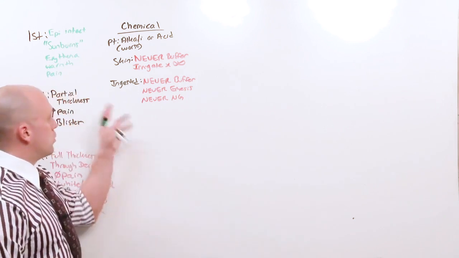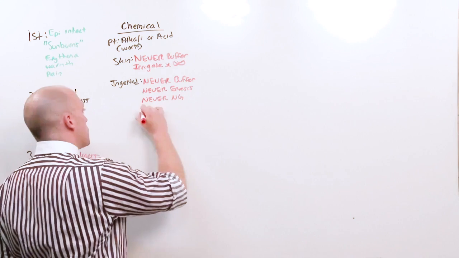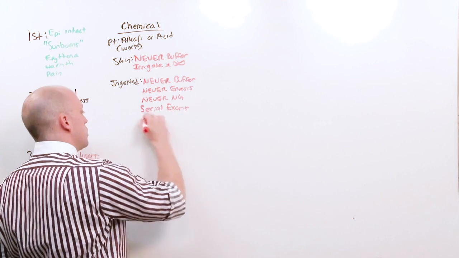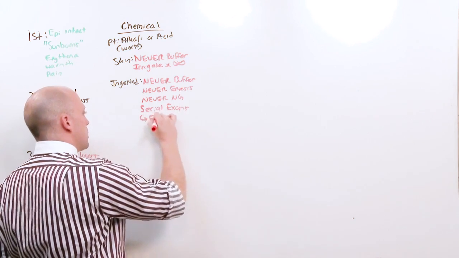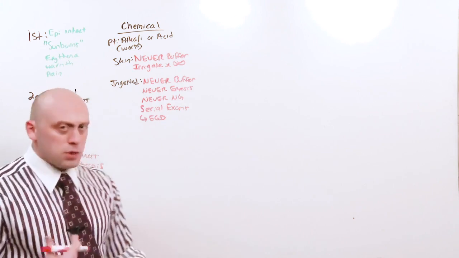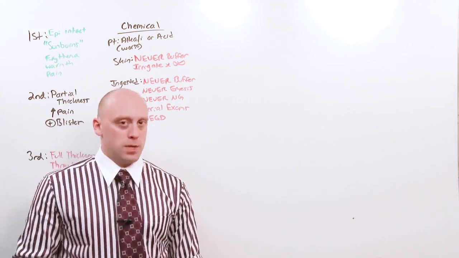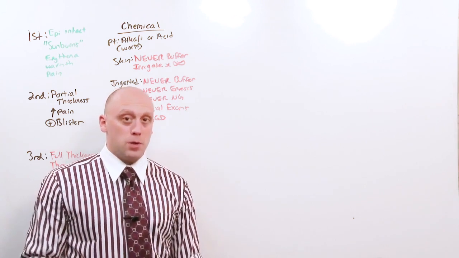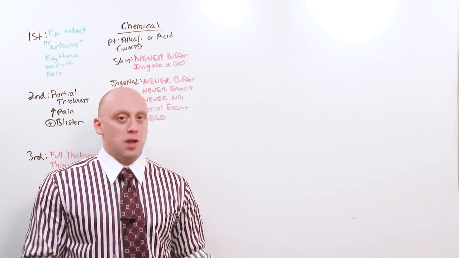So what you do for ingested chemicals is monitor them. You do serial exams, and eventually you're going to get an endoscopy to grade them. Serial exams mean you're going to get repeated chest x-rays to make sure there's not free air in the mediastinum. You're going to keep them NPO, and you're going to watch and see what happens.